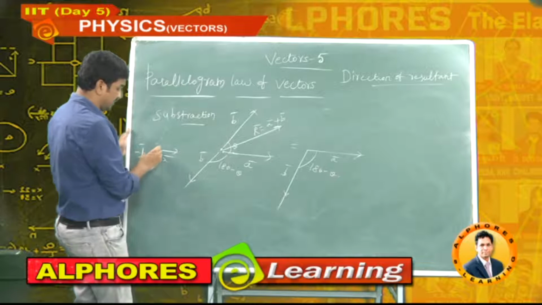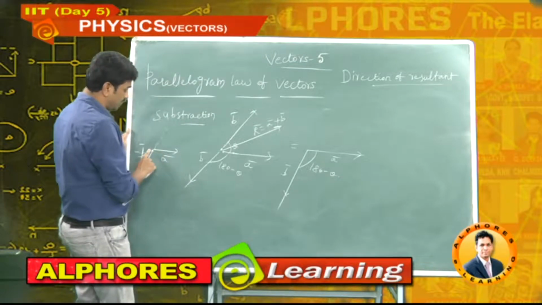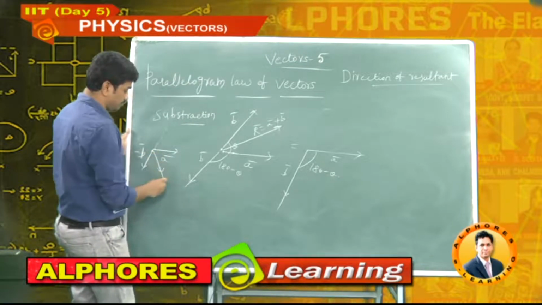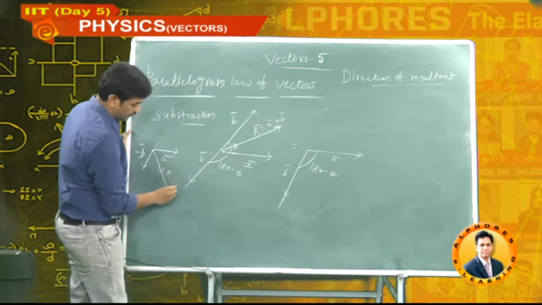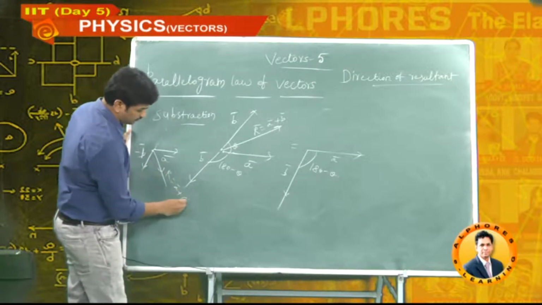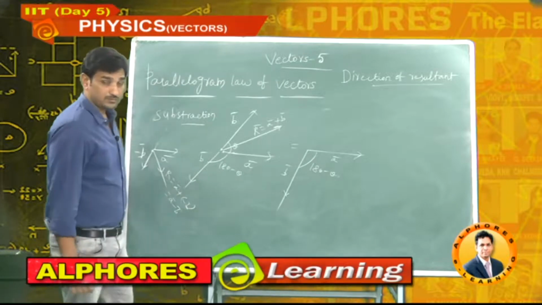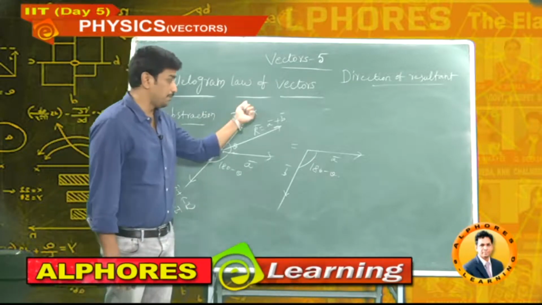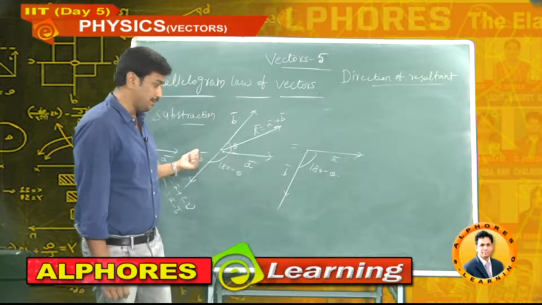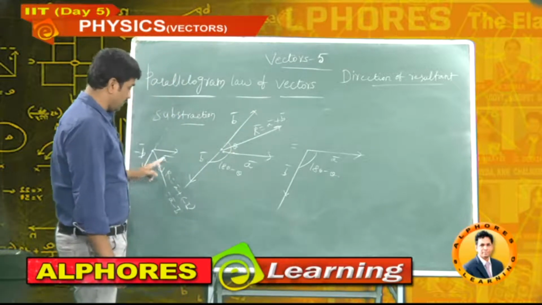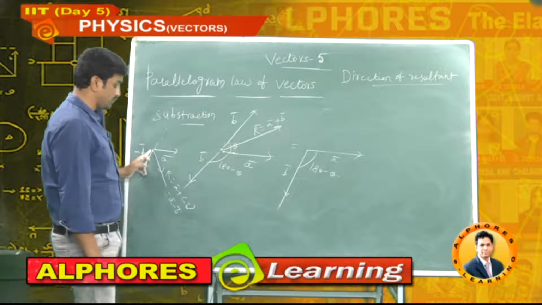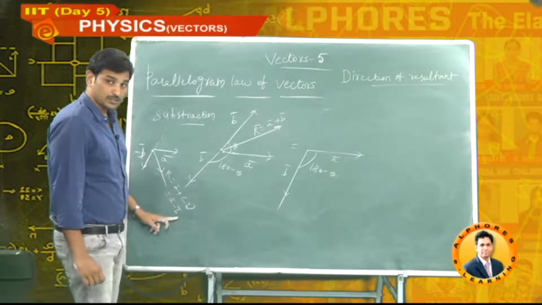Now again, see the tails. Tail of A bar, tail of minus B bar. What is the resultant now? Resultant is A bar plus minus B bar, indirectly A bar minus B bar. Have you understood my point? B bar, if you turn back, it will be minus B bar. Now A bar, minus B bar, tails joined. What is the resultant? A bar minus B bar.